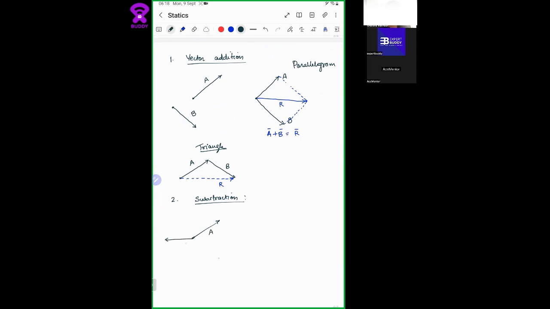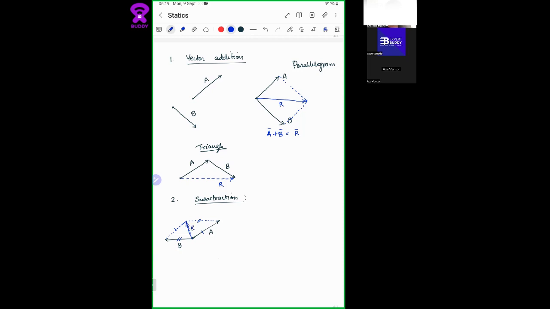Because you are trying to subtract it, isn't it? Once you use the parallelogram law, the law of parallelograms will tell you that this line should be parallel and equal to this line, and this line should be parallel and equal to this line. In that way, if you draw, you'll find a resultant which is pointing here.